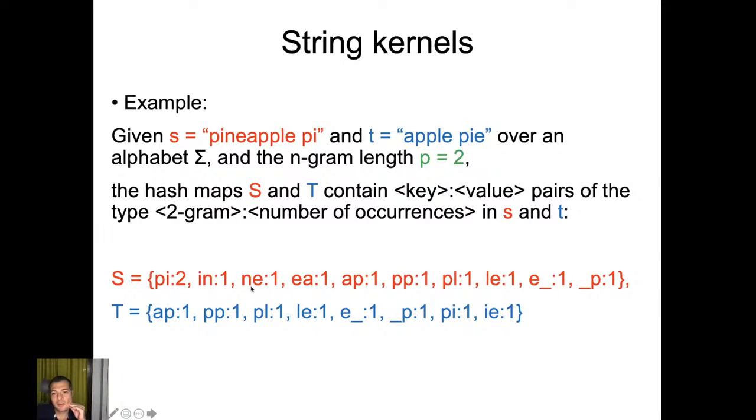So the idea with hash maps is that we can compute the string kernel similarity between S and T without having to represent our text documents in the primal form through vectors of occurrences of n-grams. We can do it more efficiently by building these hash maps and doing a lookup in the hash map in constant time.